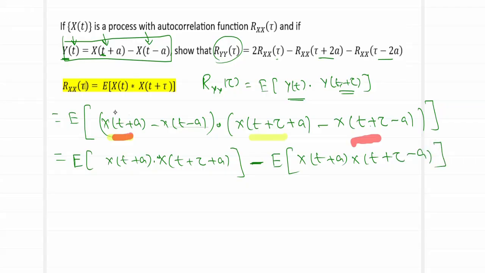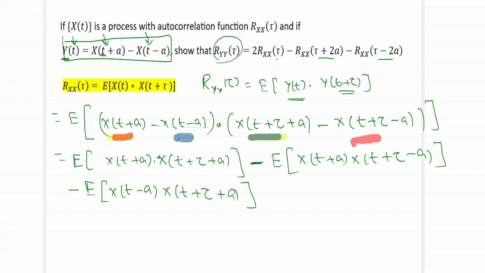Now I will take the second term with the first term. Since we have a minus sign over here, you will have minus the expected value of x of t minus a, and this is going to be x of t plus tau plus a. This is my quantity.